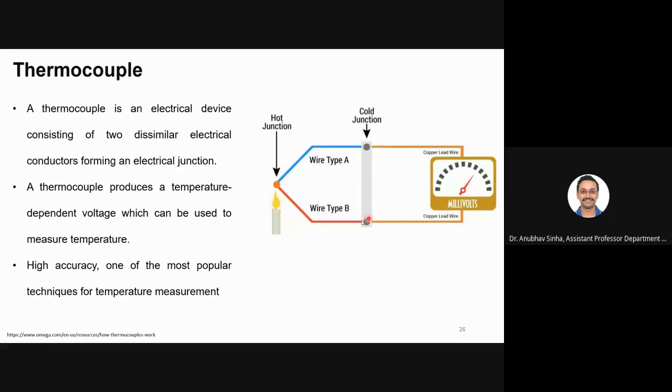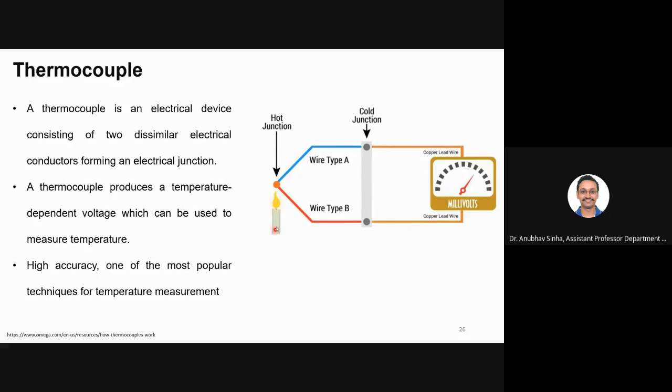And this EMF will tell you the temperature difference. It is formed by two dissimilar electrical conductors. Generally we use platinum, nickel, and different types of copper wire for type A and type B. It produces a temperature-dependent voltage.